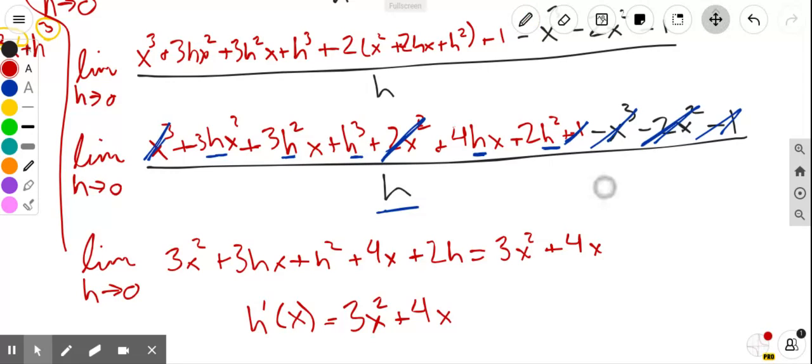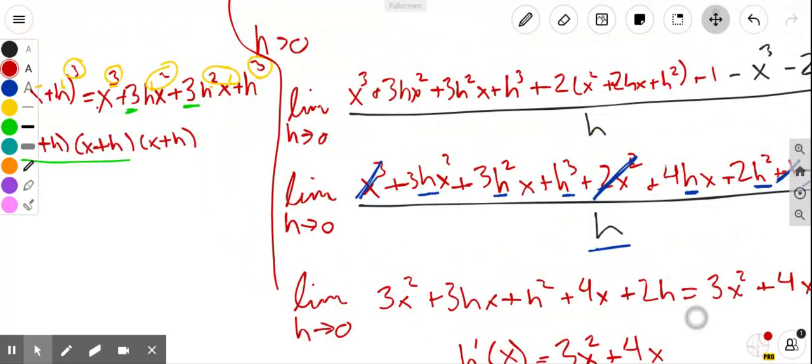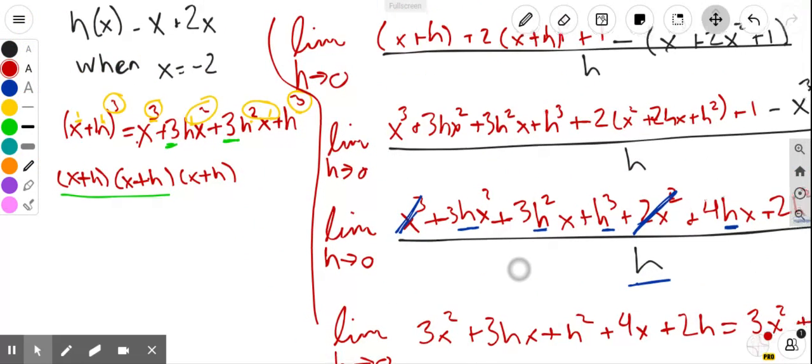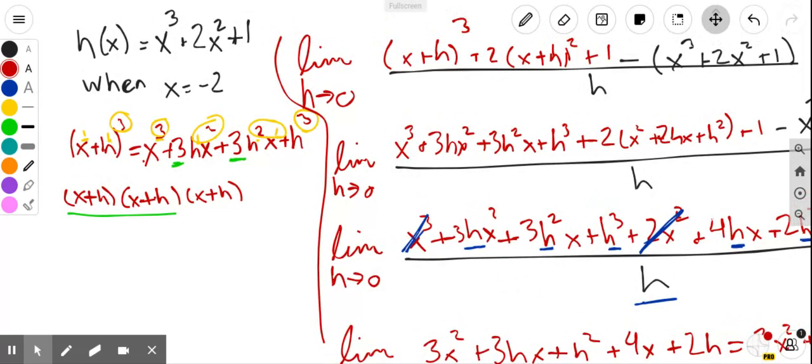Right. So now that we have that, we go back, and they were asking us to get the tangent line when x is equal to -2. So we also need to figure out the coordinate point. No matter if you're using the formal definition or the alternative form of the limit, you need to figure out what the coordinate point on your graph would be.